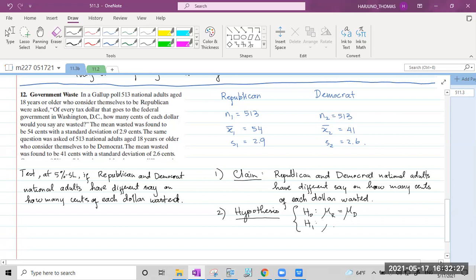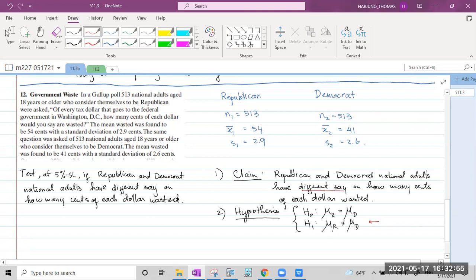The mean for Republican is not equal to the mean for Democrat. Now according to the wording of the claim, which I made up myself, I try to follow what the confidence interval says, but you can word it differently and you will see the hypothesis will come up to be the same, as long as you follow the different say.